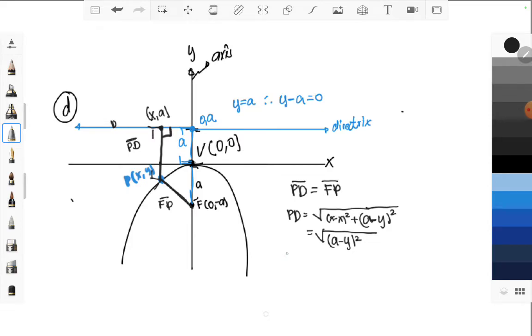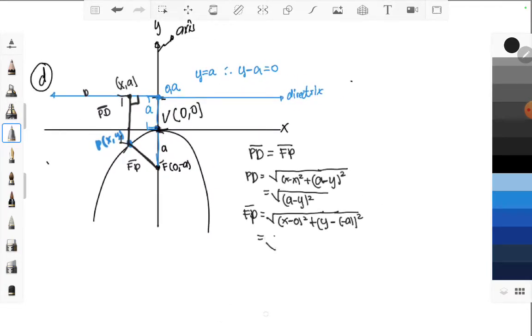And for FP, we have square root of (x minus 0) square plus (y minus negative a) square. By further manipulation, I will have square root of x square plus (y plus a) square.